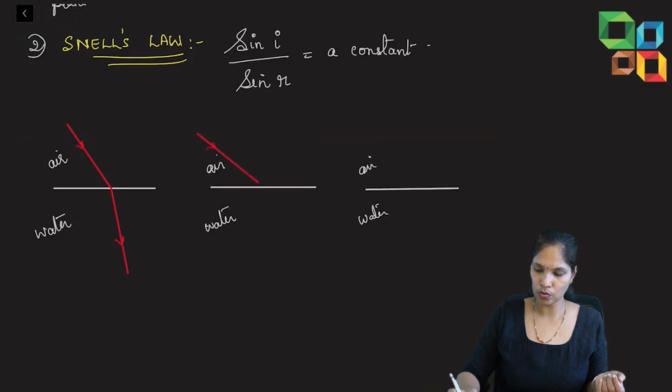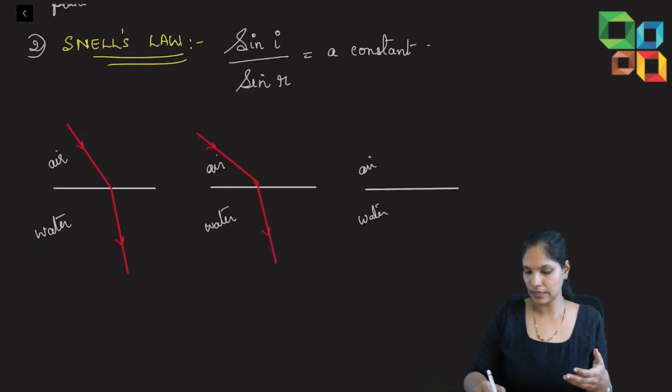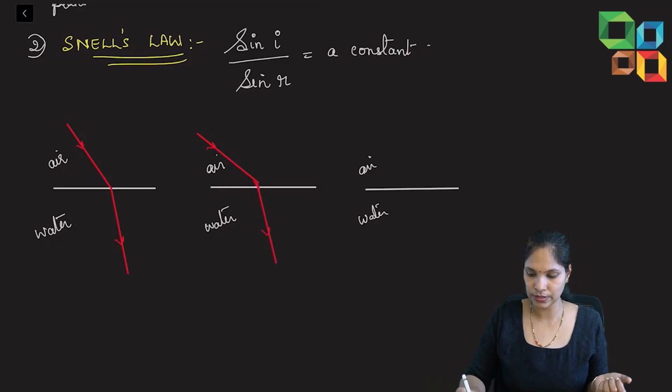I'll bend the ray a little more. So you will find that actually the angle of refraction also is going to change. How it's going to change, you will understand. That's what the formula is for actually. As in the third case, I'll bend the ray further. So again, the angle of refraction also is going to change further.